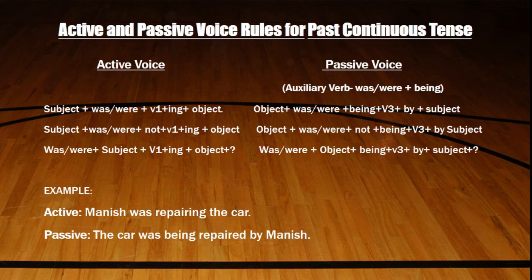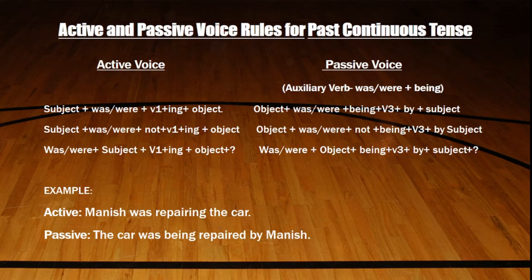Here, in the case of the negative sentence, it is like subject with was, were followed by not, and then the first form of the verb having the ing to it, and then the object.